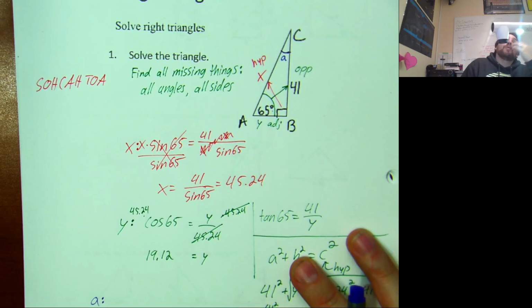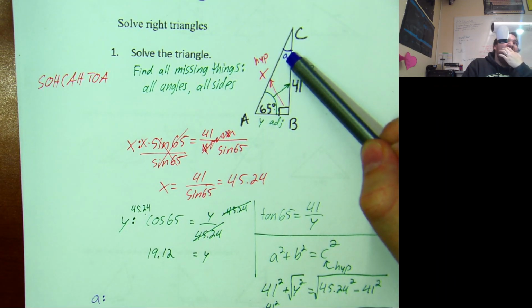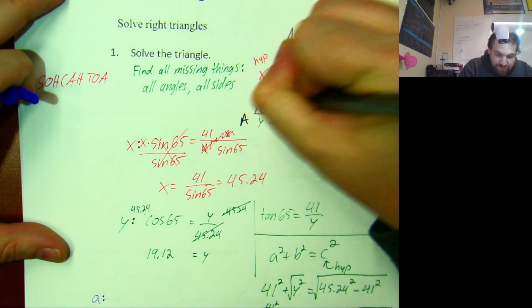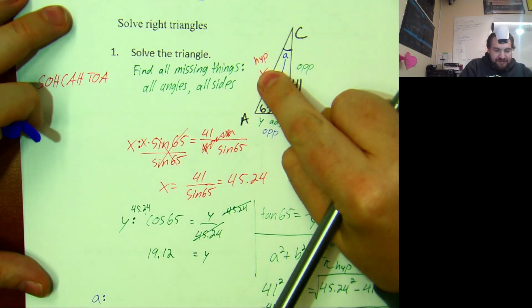Use sine. We could use sine, because from angle A, which side is opposite? Y. Okay, so we want to make sure we label things. From angle A, side y is opposite, and the hypotenuse stays the same.